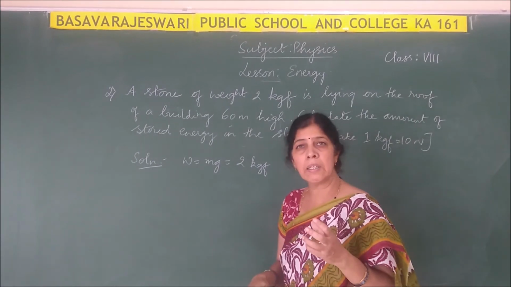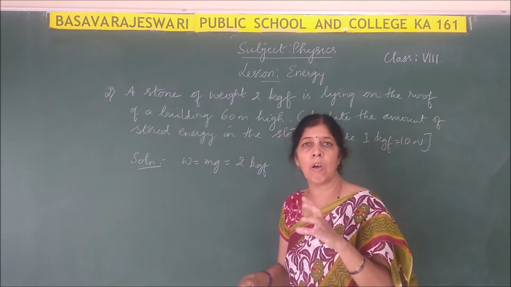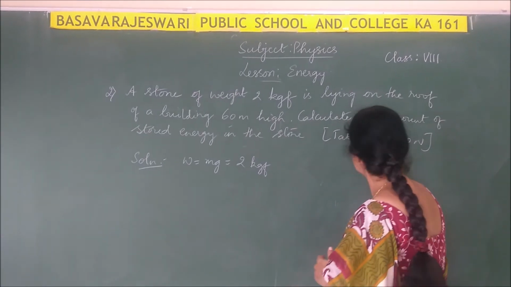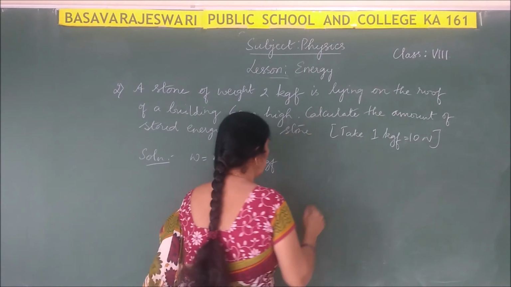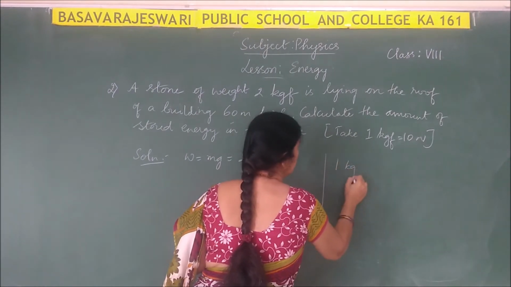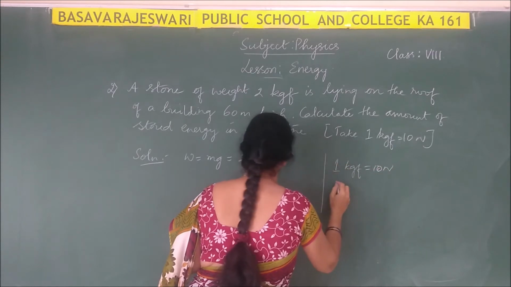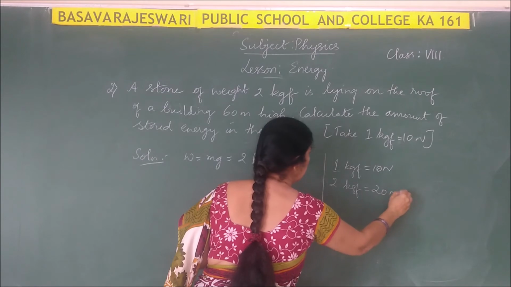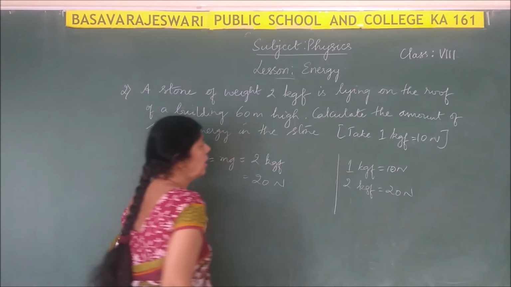So weight is nothing but the force exerted by the earth on all its objects. Now here weight is given as 2 kgf, and he has given some hint also. Take 1 kgf as 10 newtons. So if you take 1 kgf as 10 newtons, 2 kgf will be equal to 20 newtons. So this will be equal to 20, right?